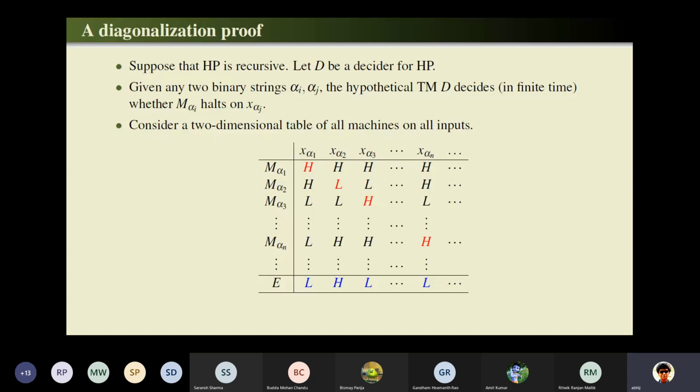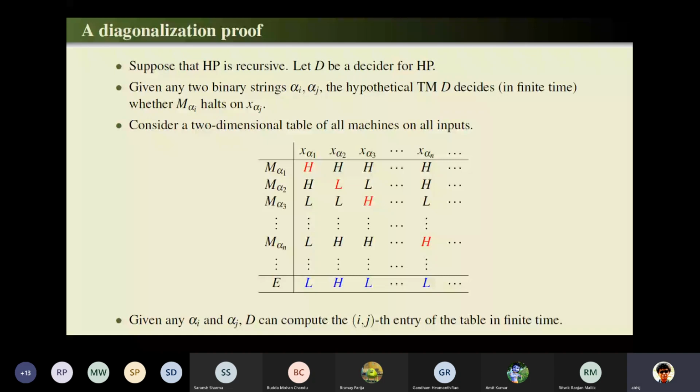And the idea is that since D is a decider for the halting problem, given any alpha i and alpha j, it can compute the ijth entry, whether it is H or L. So now this is where the diagonalization is coming.